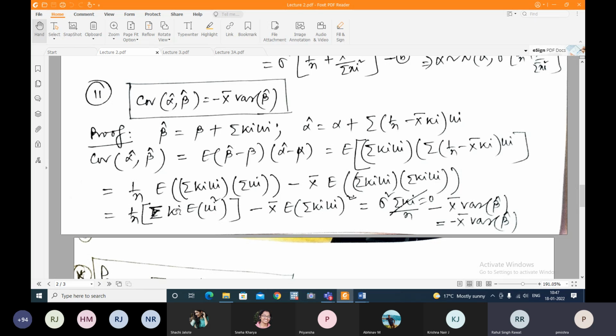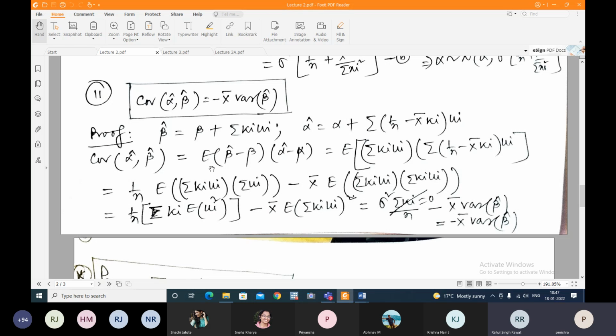So it will not have any mathematical expectation. So basically what we are doing here, this is summation of ui by n multiplied by summation of ki ui. So I can take 1 by n out of the mathematical expectation, then what do I have? Summation of ki ui into summation of ui.